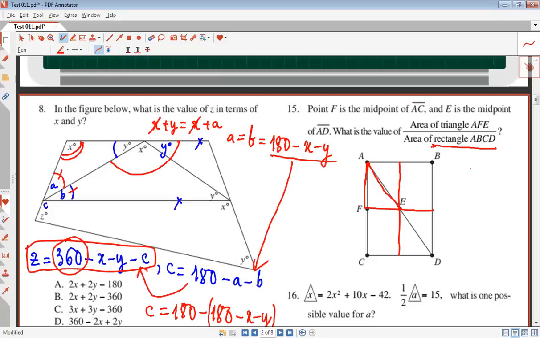Hence, the area of each smaller rectangle is equal to 1/4 the area of rectangle ABCD, and the area of triangle AFE is 1/2 the area of this smaller rectangle. Hence, the final result is 1/8.